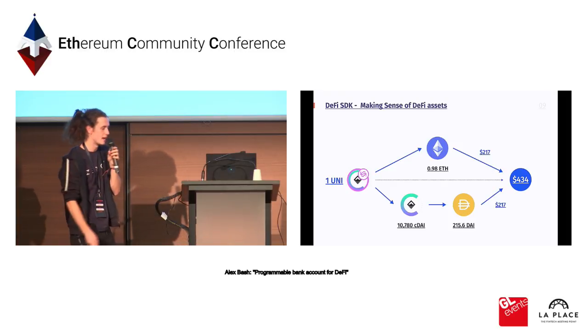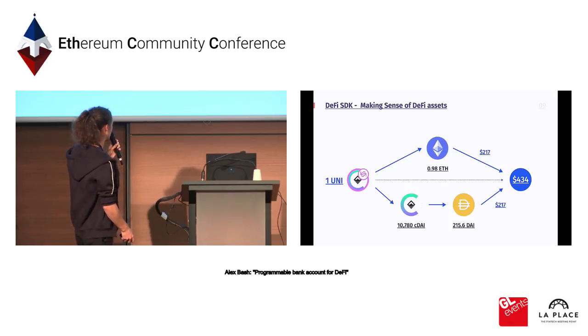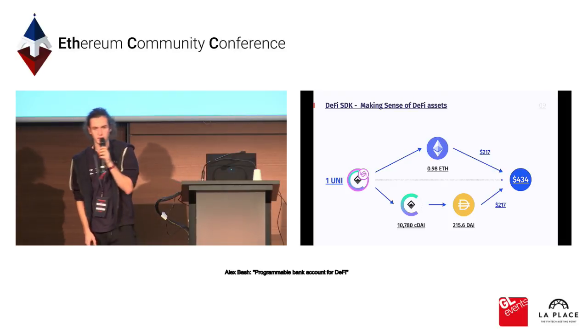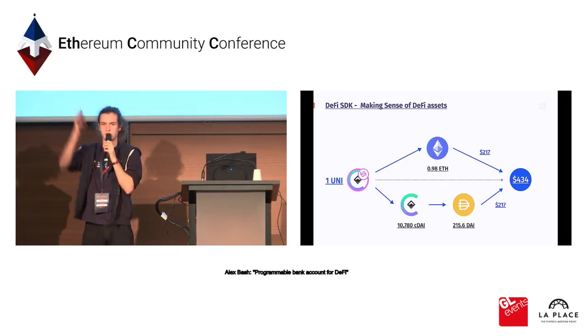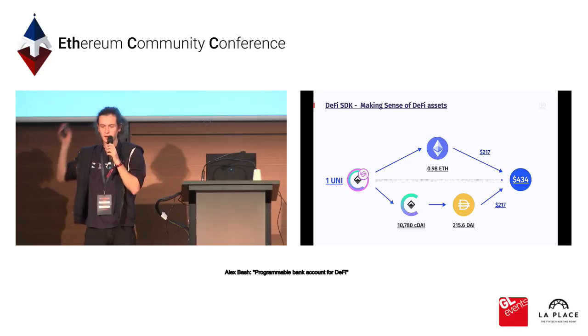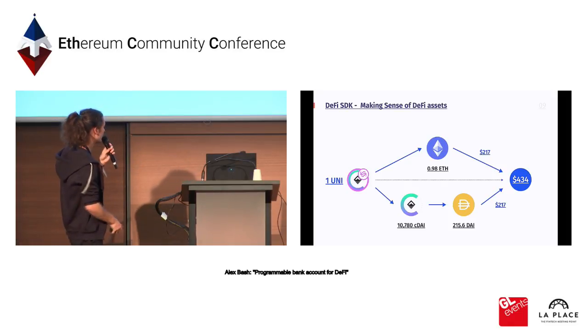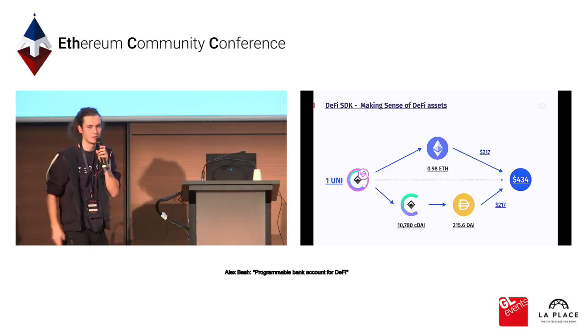There are lots of tokens like that, and what we propose is that for every such derivative, where there are certain underlying assets for every protocol asset, we can figure out what exactly that means in terms of some base assets that we know the price for.